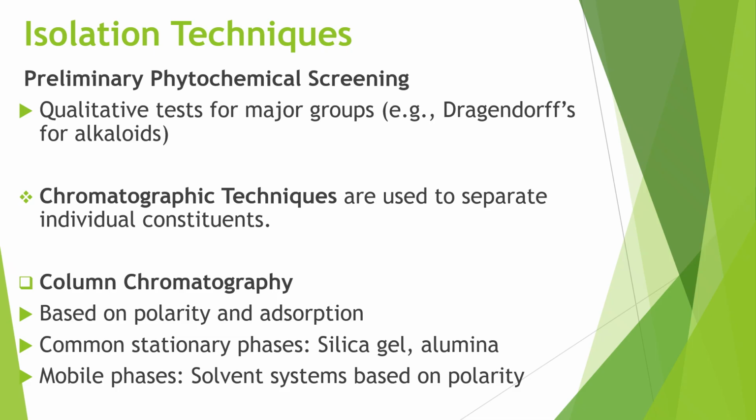Isolation techniques. In isolation technique, it is related with the phytochemical screening method, where we do qualitative tests for major groups like alkaloids, tannins, glycosides, or any of the secondary metabolites. We have to perform all those tests.